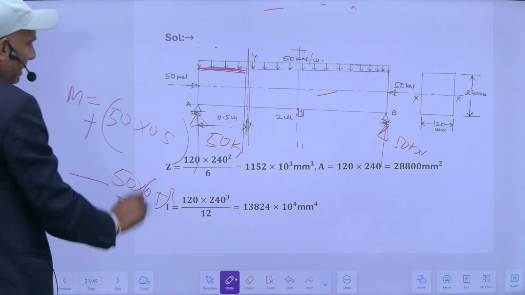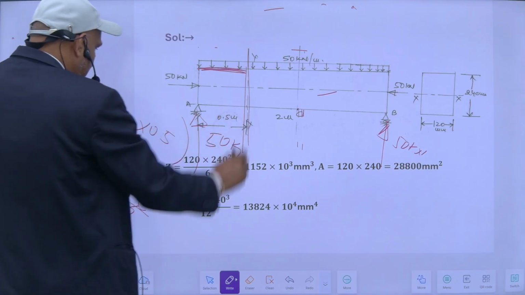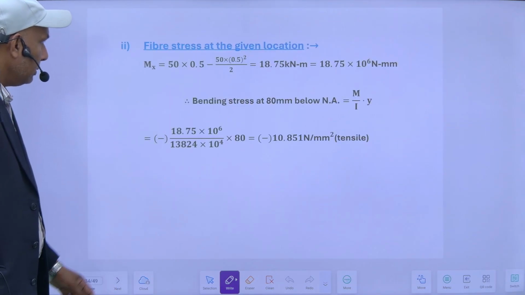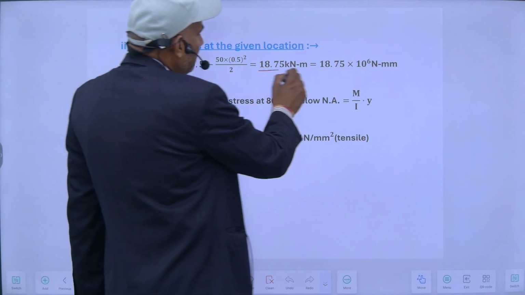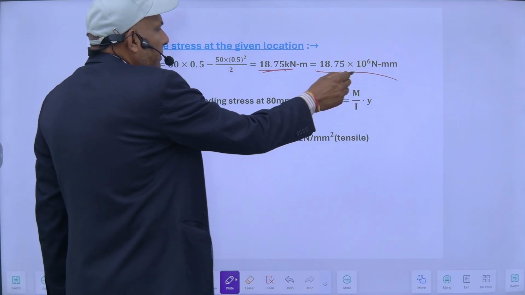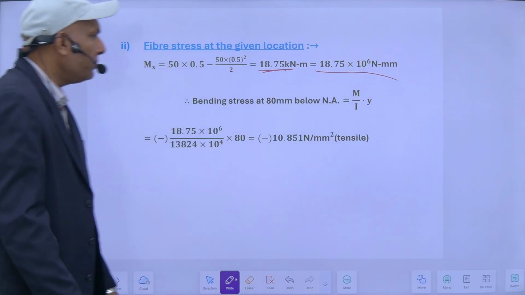So my bending moment at this point is 18.75 kilonewton meter. When I convert it to Newton mm, I will multiply it by 10 raised to the power 6.